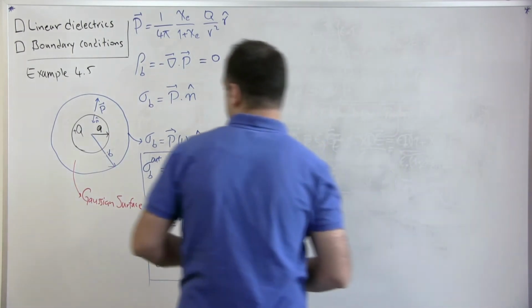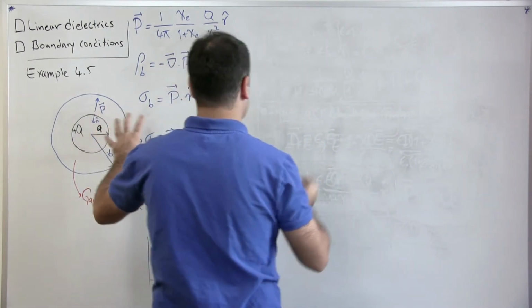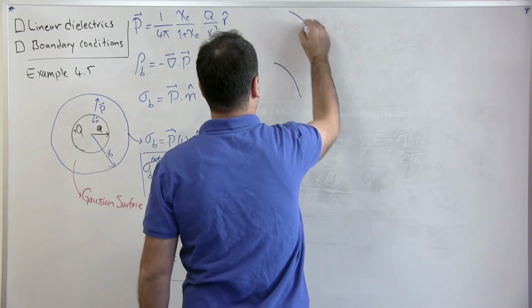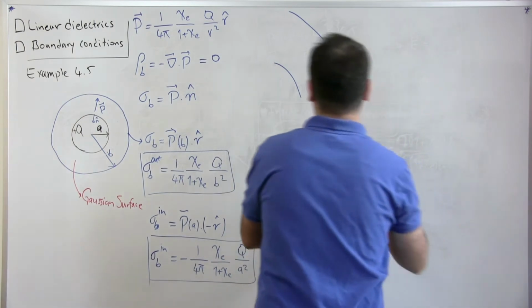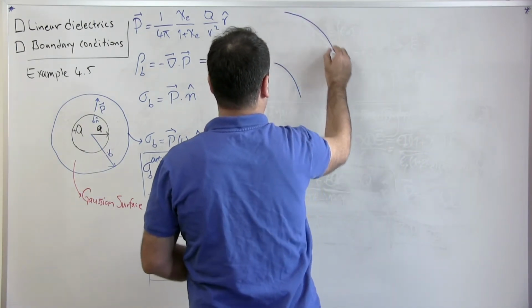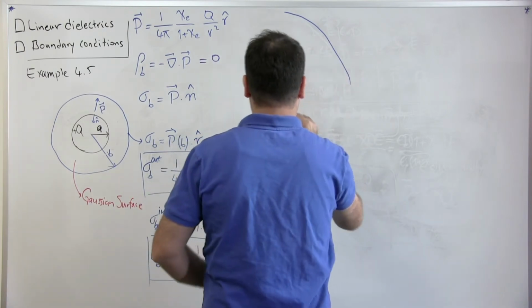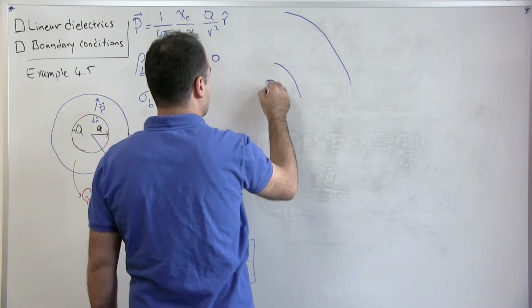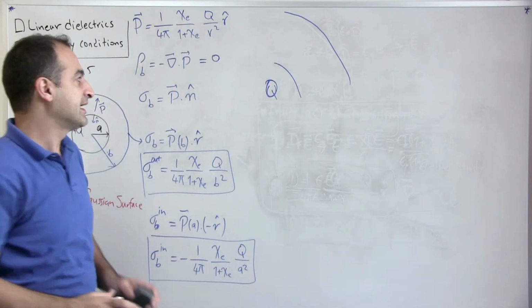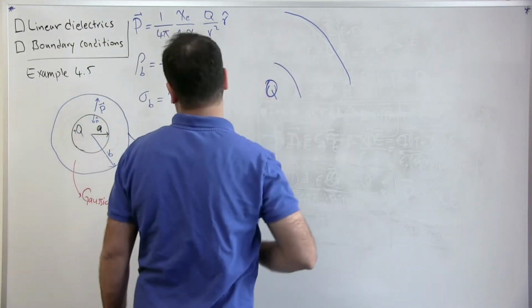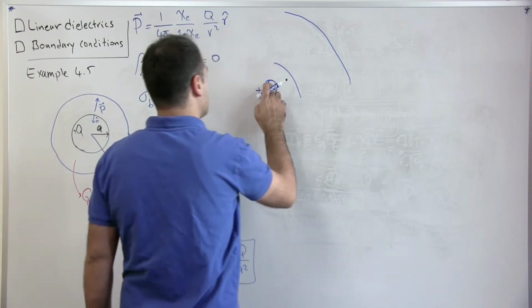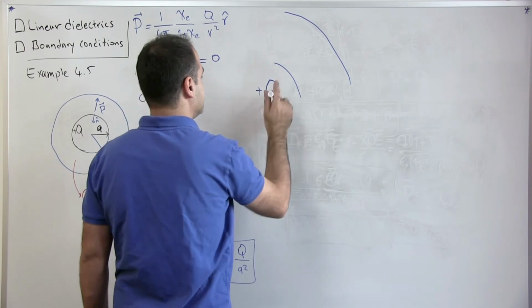I want to draw part of this sphere in a magnified way. Okay, so imagine this is the sphere carrying the charge Q, and this is the dielectric material we have. Let's make the assumption that Q is positive, so we have positive Q here.